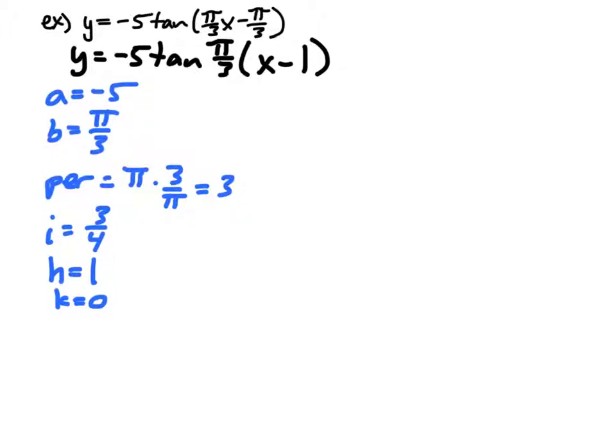Okay, so let's graph this over 2 periods. Now, anytime that you have an h, you have to be careful to not draw the y-axis until you label all your increments, because you don't know where it might go negative, right? So first thing I'm going to do is just draw the axis.